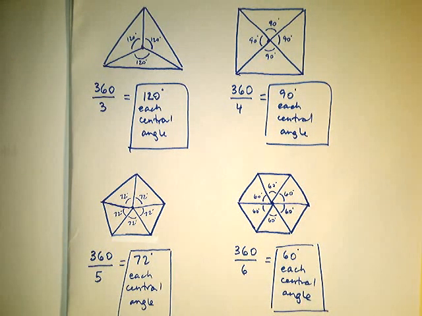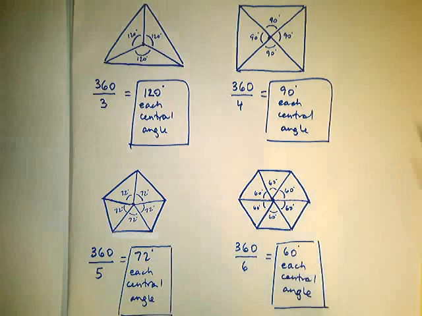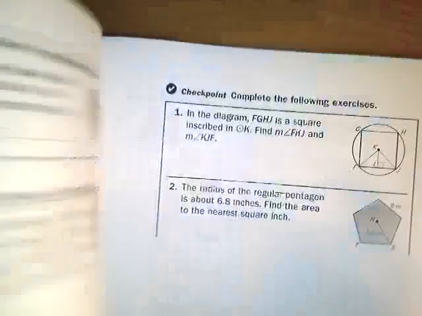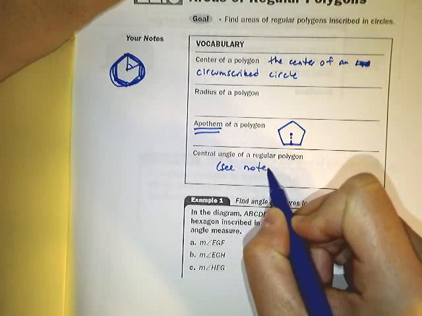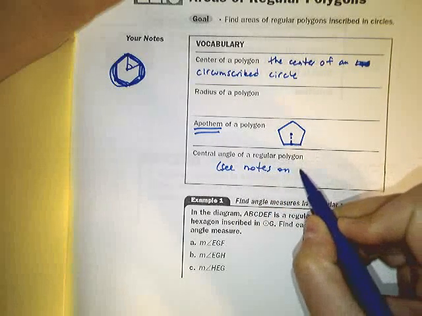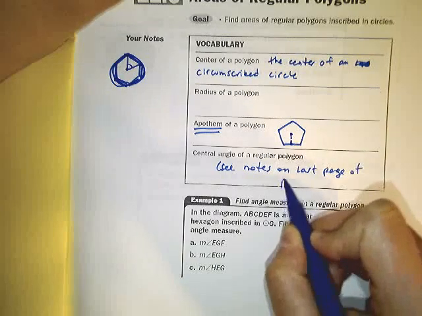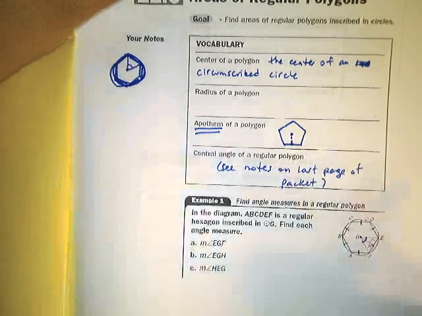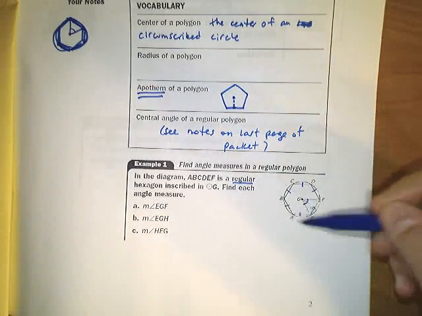So, now that we have a good idea of what a central angle is and how to find it when you're dealing with regular polygons, let's go back to our example on the first page. We were talking about a hexagon. As you can tell, it's a regular hexagon, and so all the central angles would be the same.